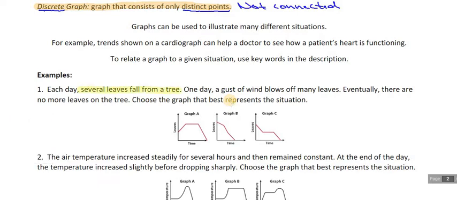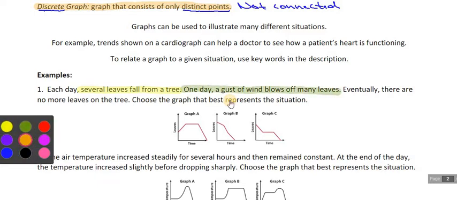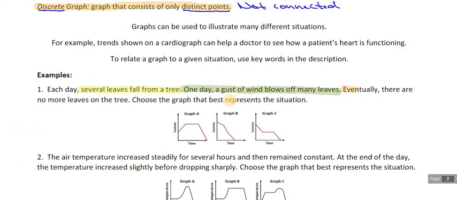One day a gust of wind blows off many leaves, so a lot of leaves fall off. Eventually there are no more leaves on the tree. We've got 3 different pieces here. So which one of these graphs would best represent the situation?